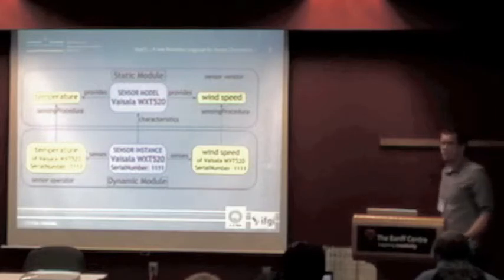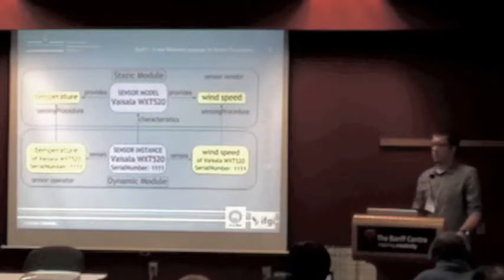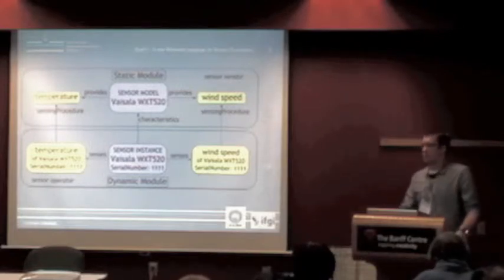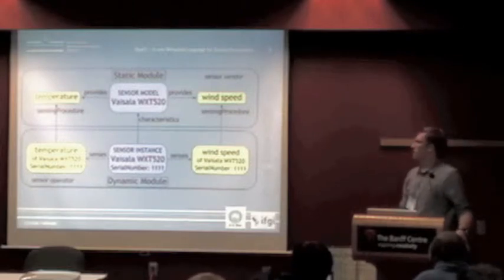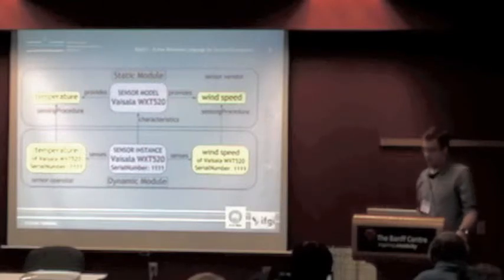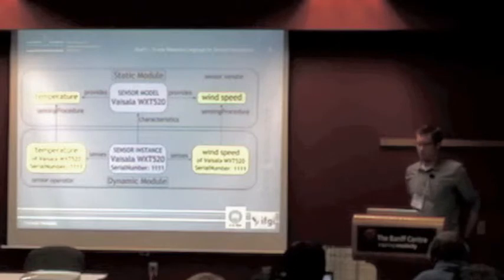You can see an example of a static module and dynamic module. We applied it to a Vaisala WXT520 weather sensor. In this case, the static module models that the Vaisala WXT520 provides two sensing procedures, wind speed and temperature.